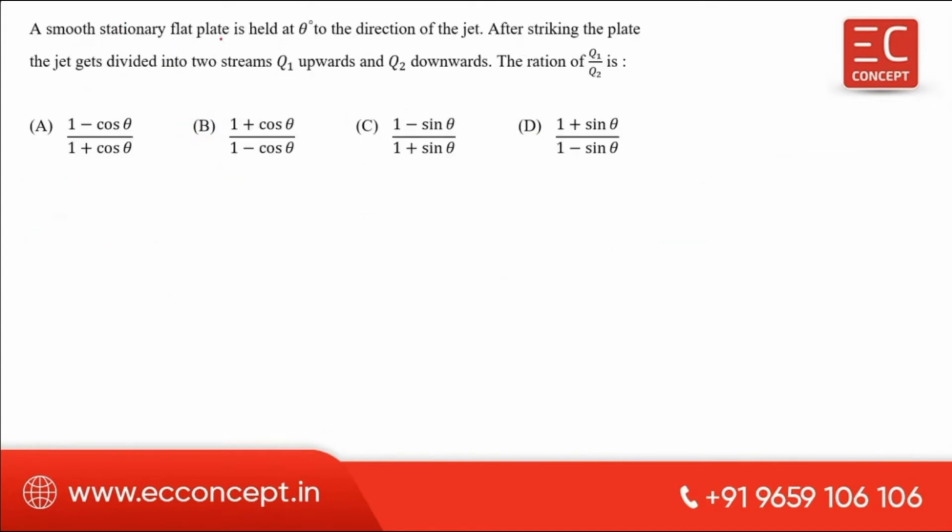A smooth stationary flat plate is held at theta degree to the direction of the jet. So this is the flat plate. After striking the flat plate, the jet gets divided into two equal streams. One is Q1, another one is Q2. So we can take it is going something like that.